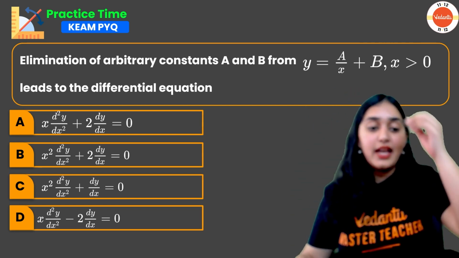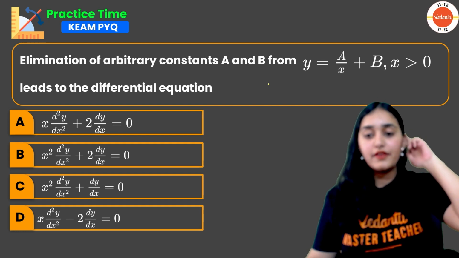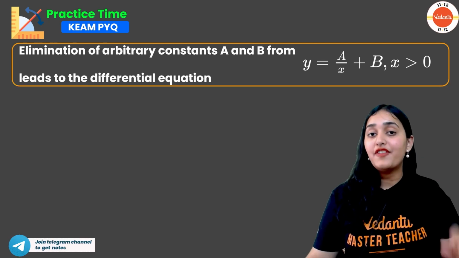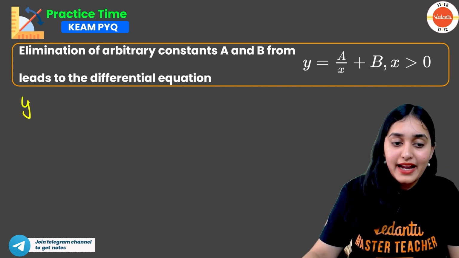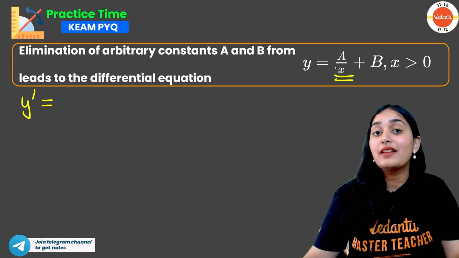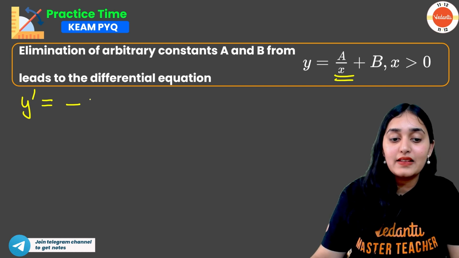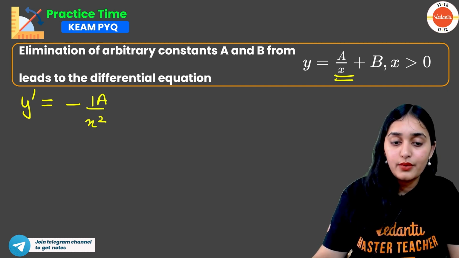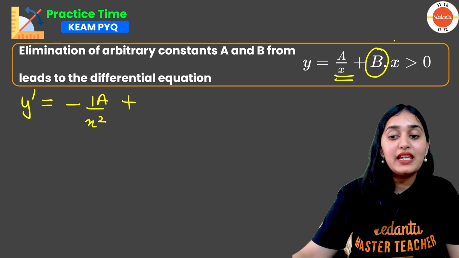Last question. Elimination of these arbitrary constants will lead to the following differential equation. You want to eliminate these constants. So you have to find the derivative. So first of all, y dash will be, differentiation of 1 by x is minus 1 by x square into a plus differentiation of b is 0.